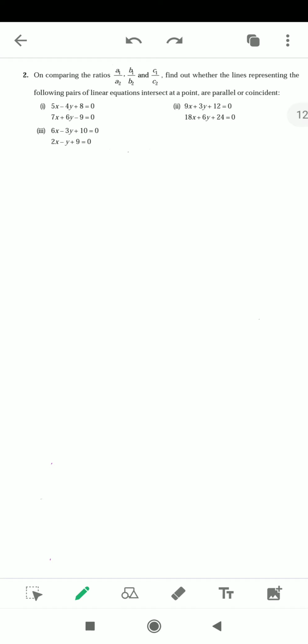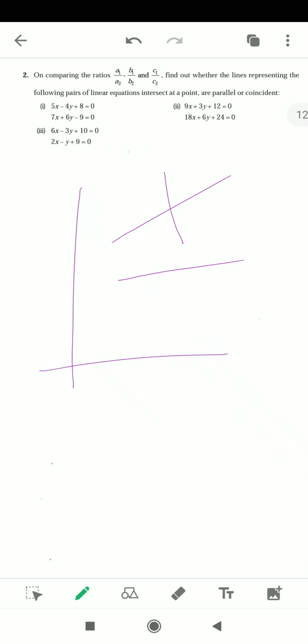See, in a plane, if two lines are there, they will be intersecting or they are parallel or they are coincident. Coincident means one upon the other one. So we have a condition.